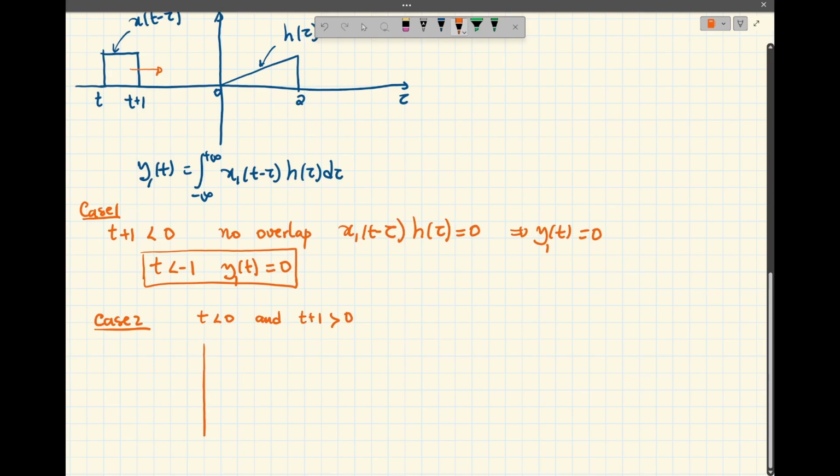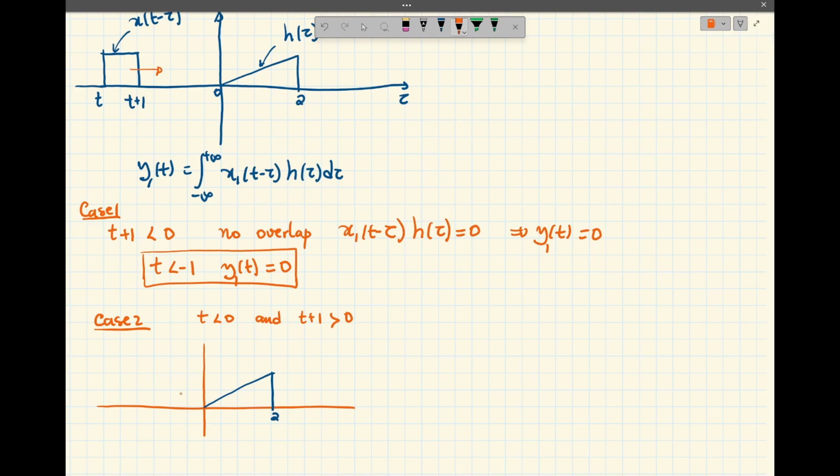So we have h of tau, and then we have this case, t here, t plus 1.